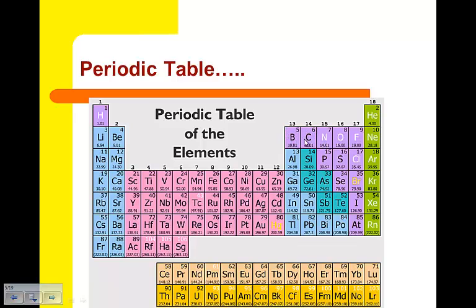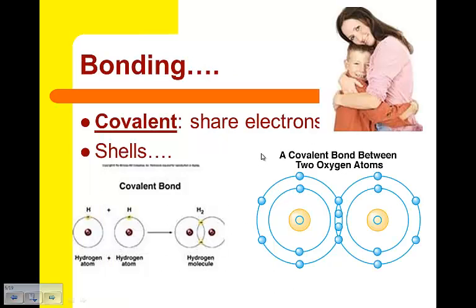A 6 is associated with carbon. And that tells us the number of protons that this element has. By knowing the number of protons, we know the number of electrons in a neutral atom because they're the same. Protons are going to equal the electrons, okay?